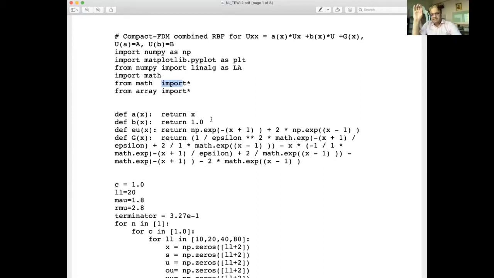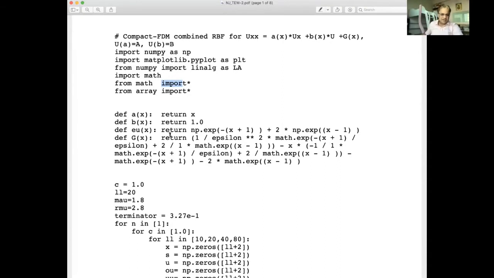Similarly for b(x), I am going to take 1, and exact u is the solution I have taken to show you the error in the solution. The error will tell you whether we are moving in the right direction or the wrong direction. This is for testing purposes.